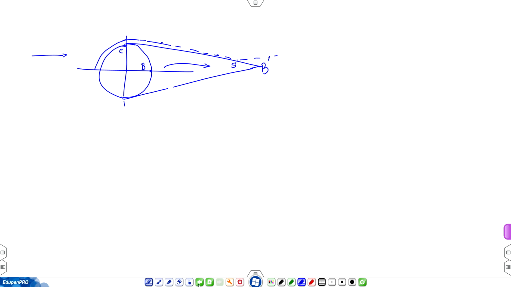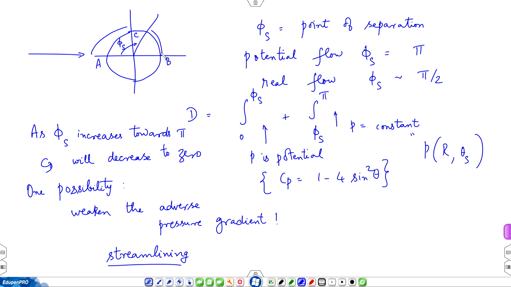Okay. So, going back to the previous picture, suppose phi s were to be somewhere here, then you know there is going to be a much smaller drag acting on the object. Okay.